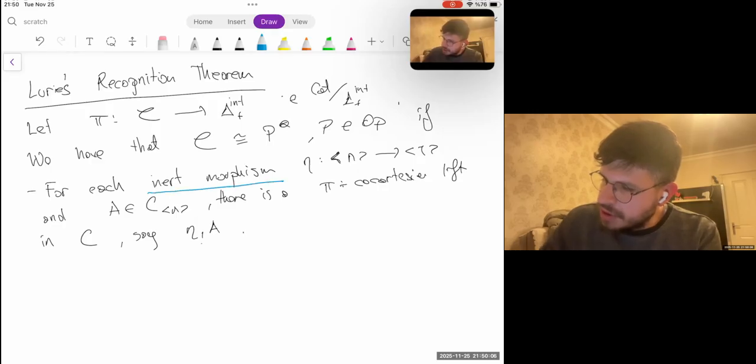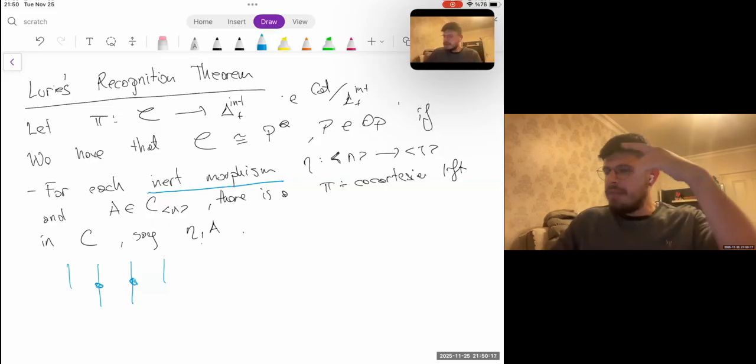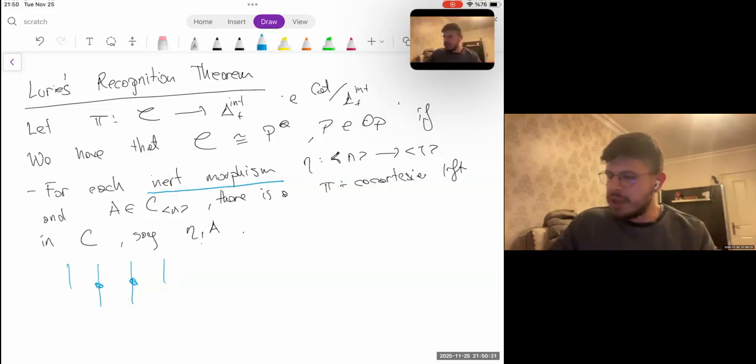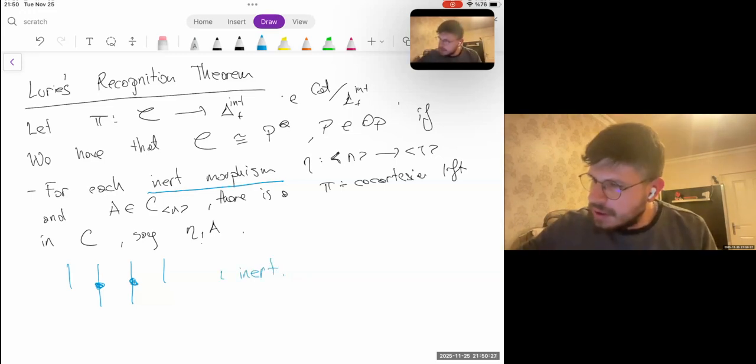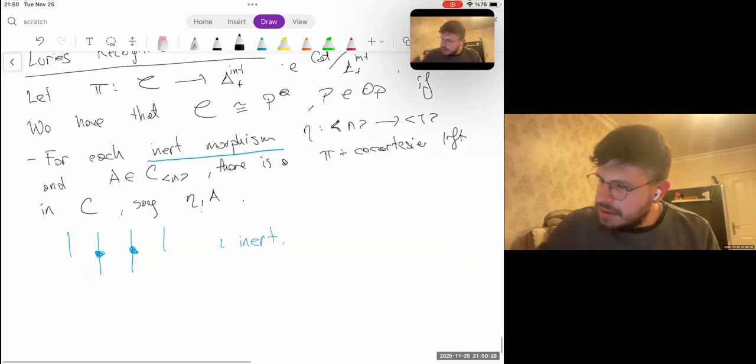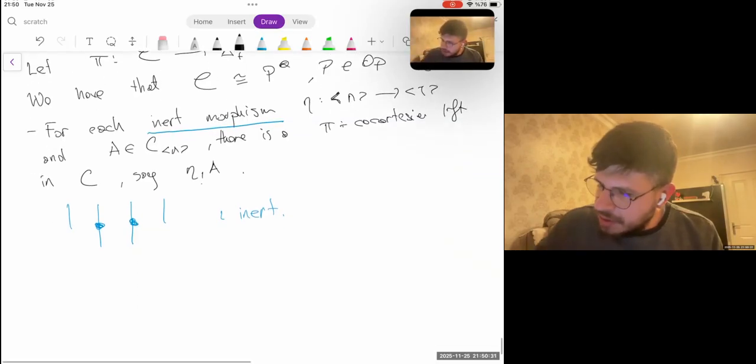This inert, I will just explain it with a picture. So inert is where everything in the codomain, so everything maps like so, there is no multiple inputs on any operation. It's a picture like this. And yeah.